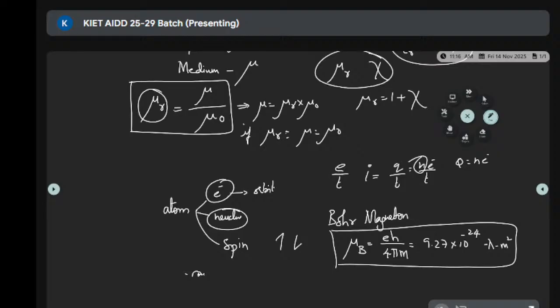How this comes: I is equal to e by T, T is equal to 2 pi by omega. I is equal to e by T, where e is the charge.